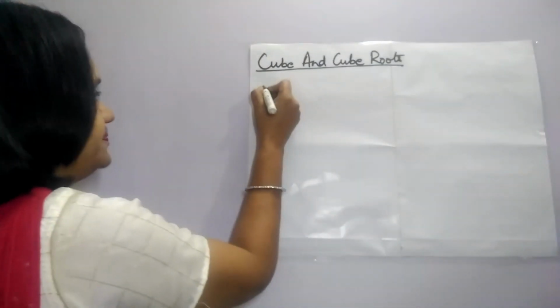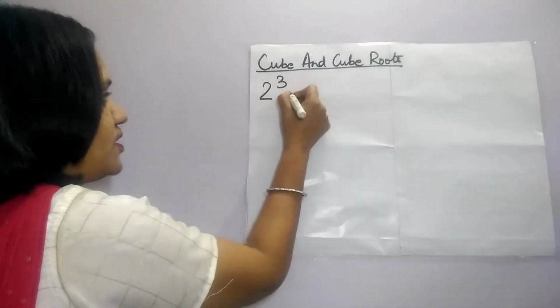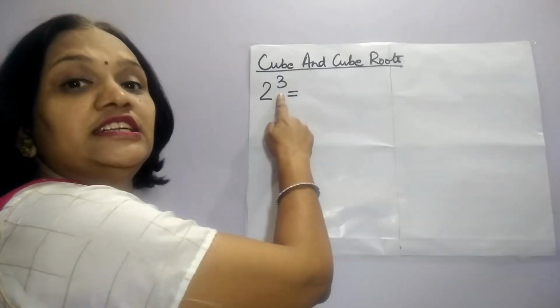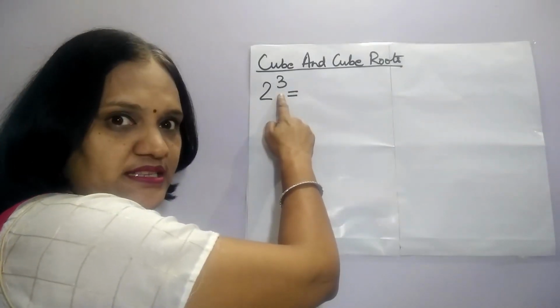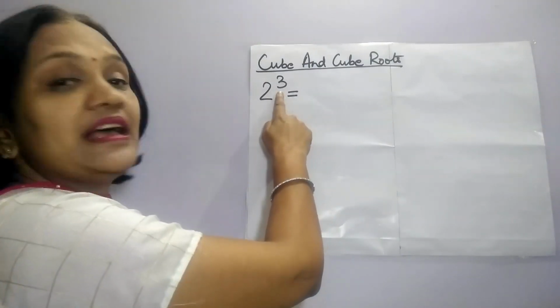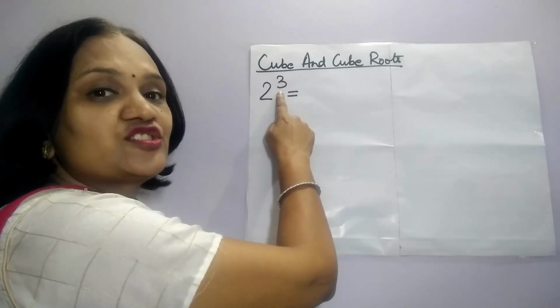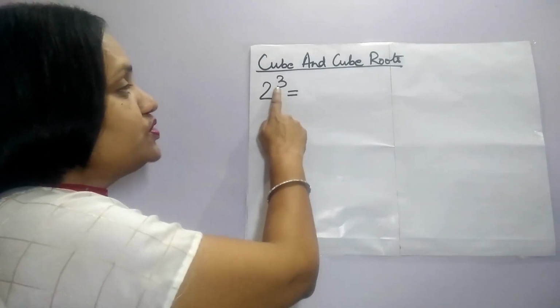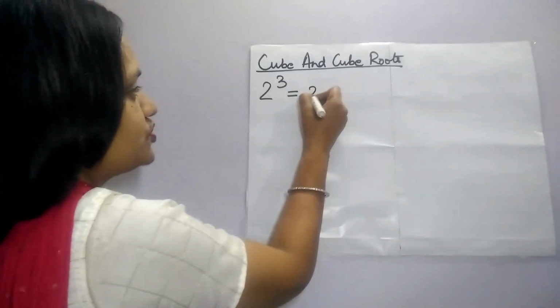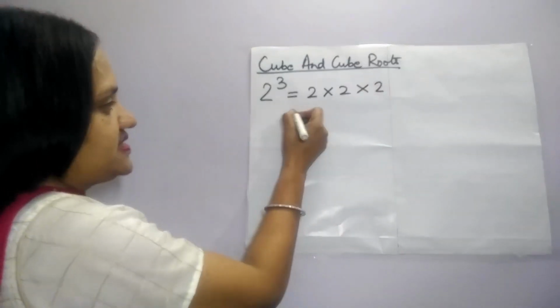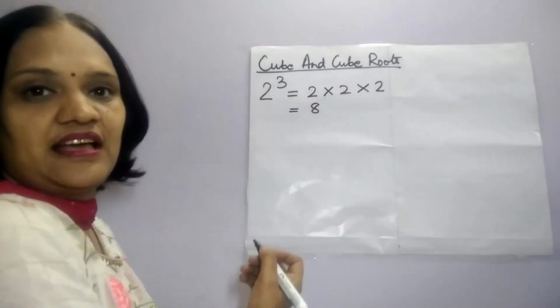Okay, now what is the meaning of this 2 to the power 3? You have studied in exponents. Now there's a special name for this power 3 and it is called cube. 2 cube means 2 into 2 into 2, which is equal to 8.